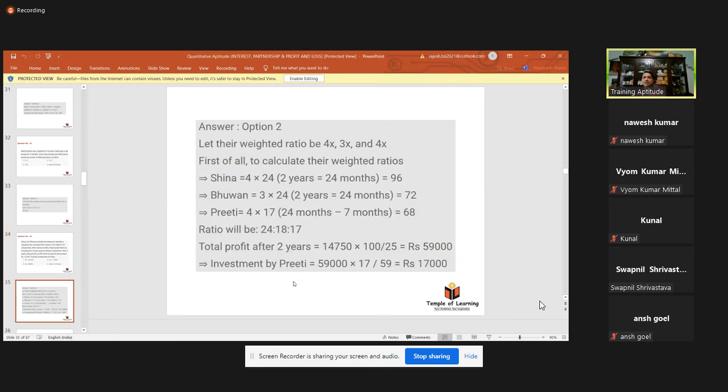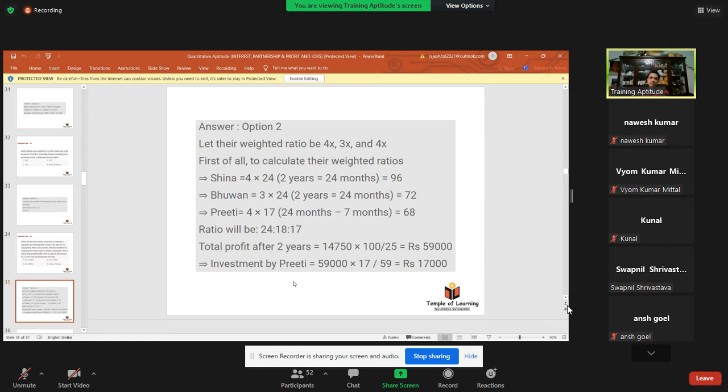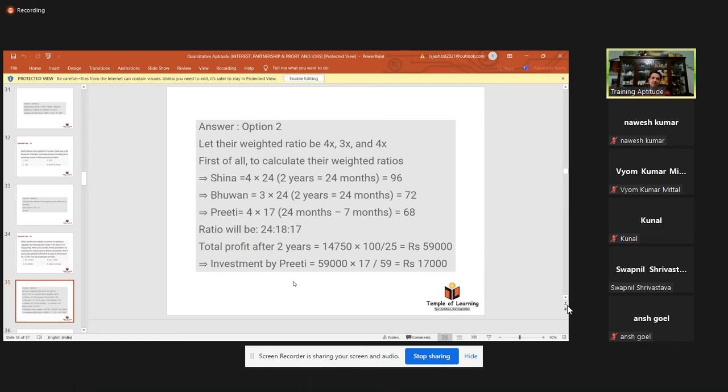Okay. So their investment is 4, 3, and 4. Shina does it for 24 months. Bhuvan does it for 24 months. Preeti does it for 17 months. Now, students, the total investment will be 4 times the profit because the profit earned is 25%.